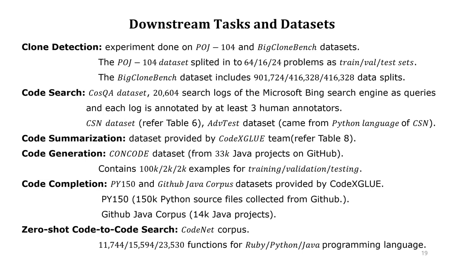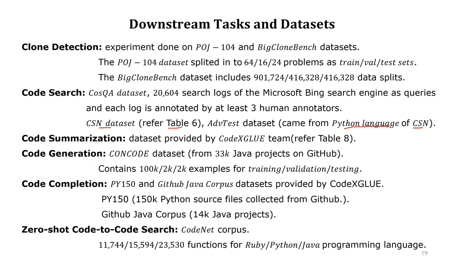It is created from CodeSearchNet by removing some unnecessary details or some sort of attributes. AdvTest is a subset of this dataset. They take the Python language only from this dataset. So we can refer to it on the later slides.